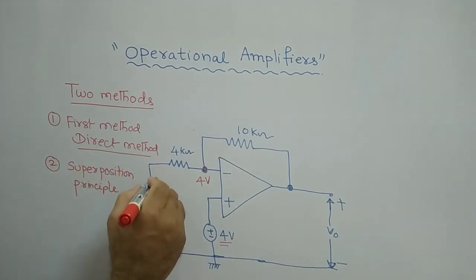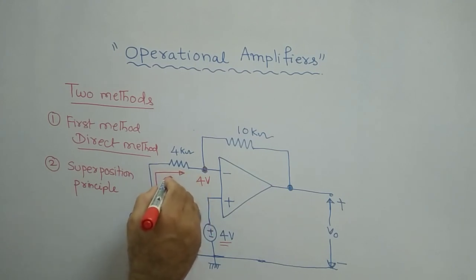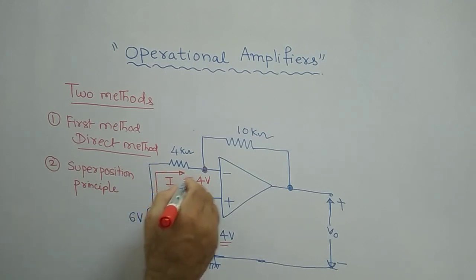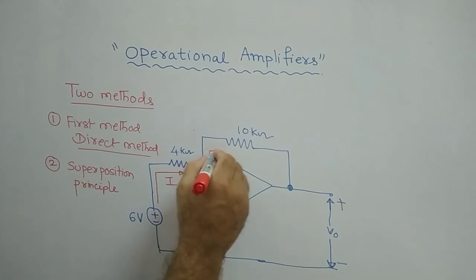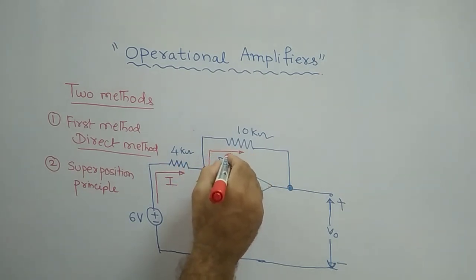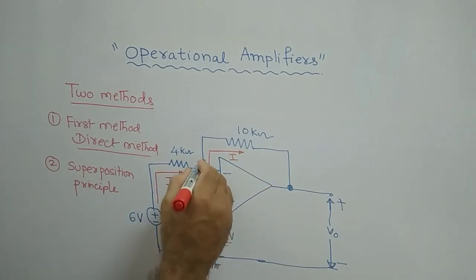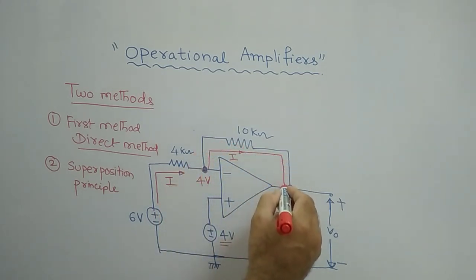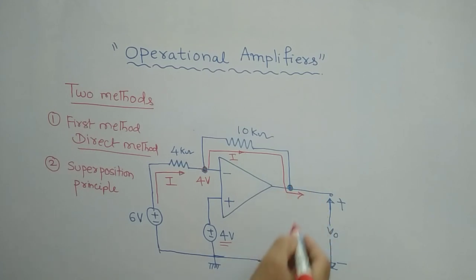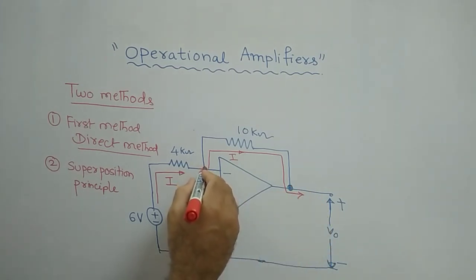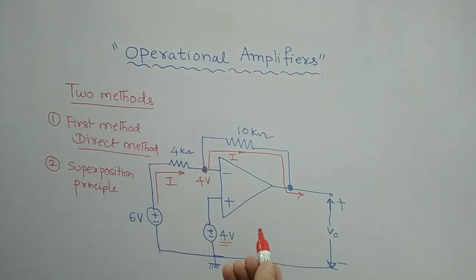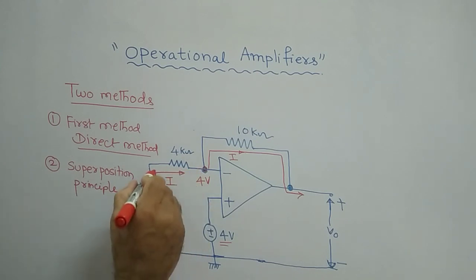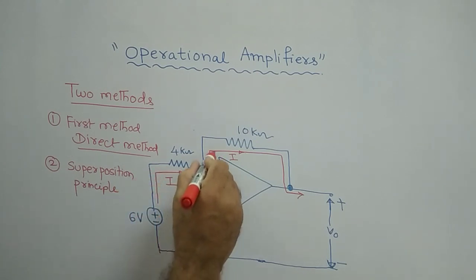Assume that current I is flowing in this resistor; the same current flows through the other resistor and reaches the output. At this node, if you apply KCL, this is the entering current and this is the leaving current.